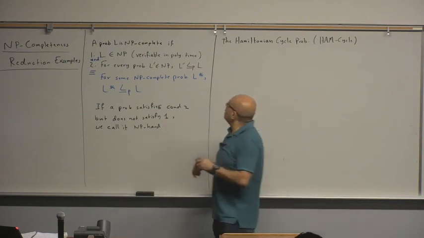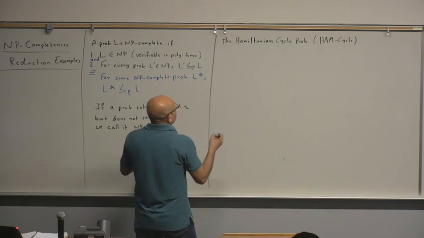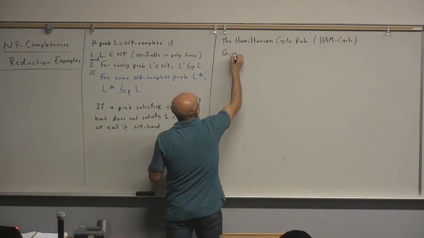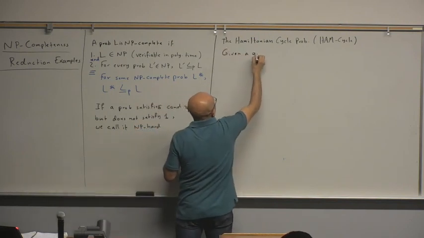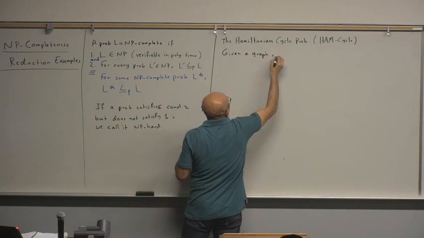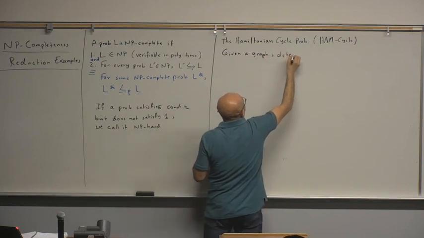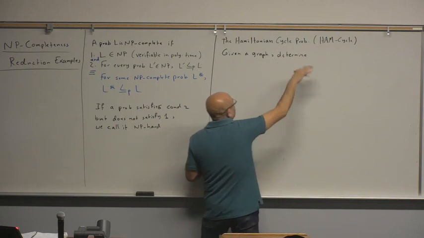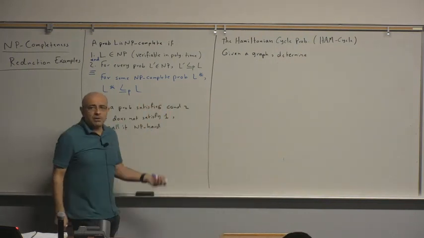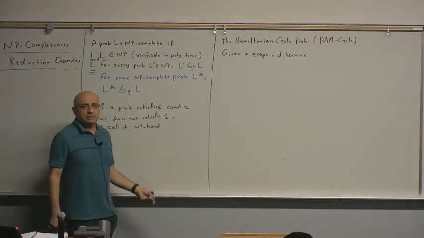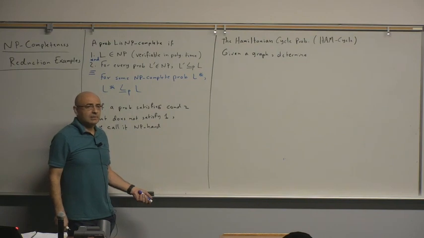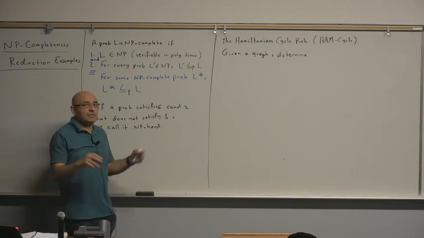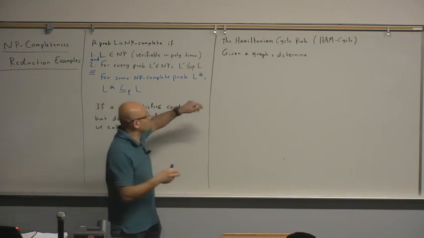Okay? Now, the Hamiltonian cycle problem: given a graph, determine. So when I use the word determine, will this be a decision problem or an optimization problem? Decision. So determine if yes or no, then it's a decision problem.